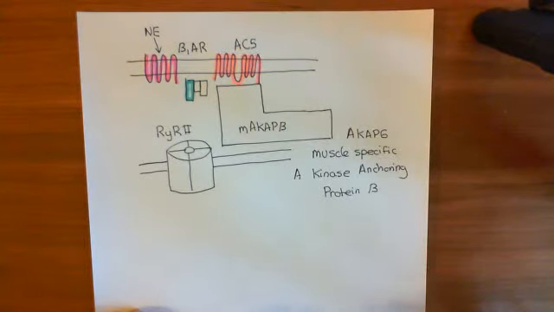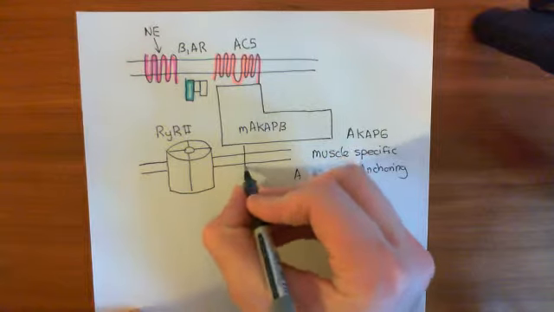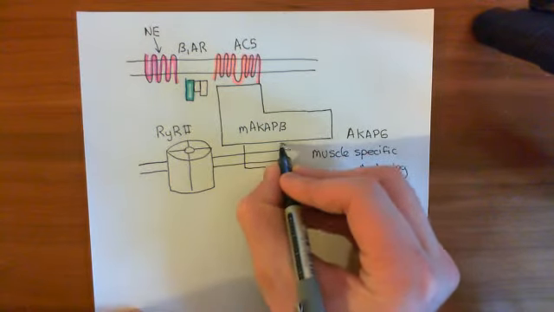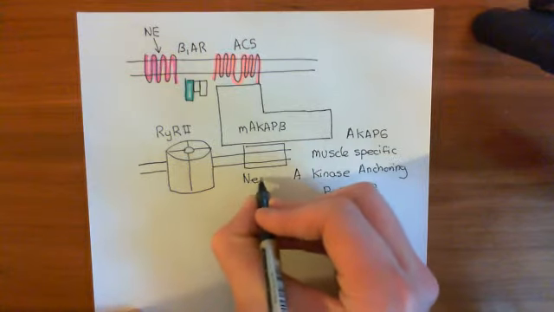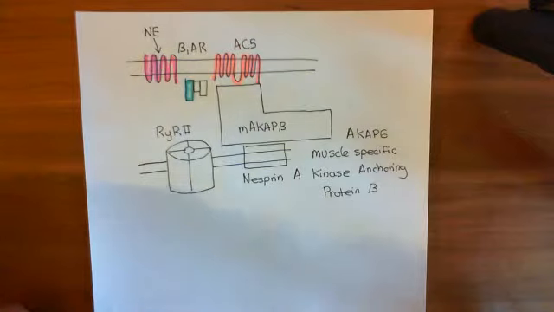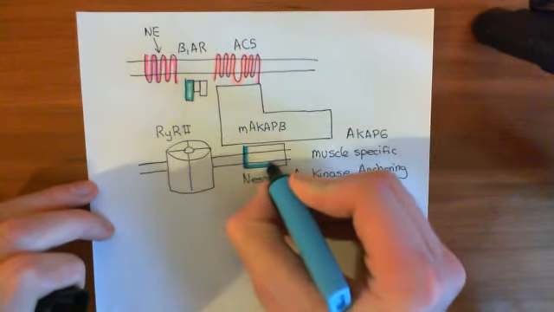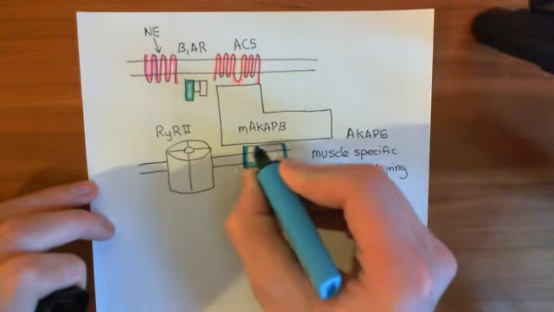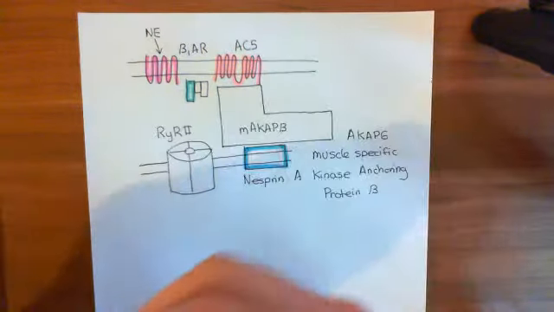And it also binds to another protein that's in the membrane of the endoplasmic reticulum. So we'll draw this protein here. This other protein is known as nesprin. So it binds to nesprin, which is a protein in the membrane of the sarcoplasmic reticulum. And this just helps the muscle-specific A kinase anchoring protein to join the two membranes, basically.